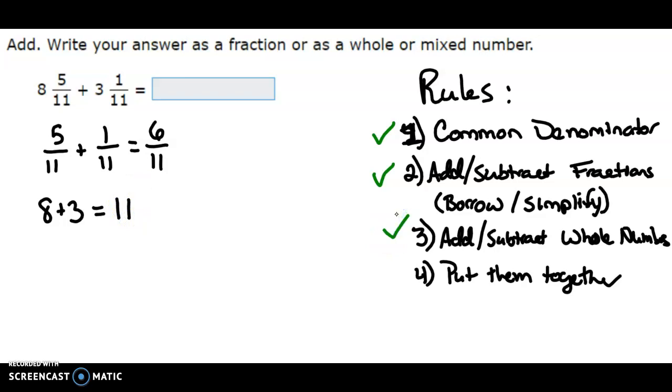Step 3 is done. And step 4 is you're going to put them together. So when we put 11 together with 6/11, we wind up getting an answer of 11 and 6/11, and that is our answer. So all 4 steps done there.